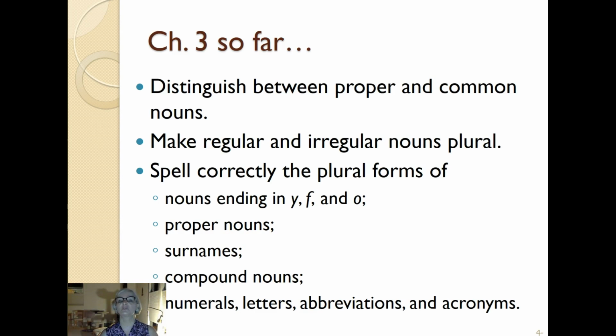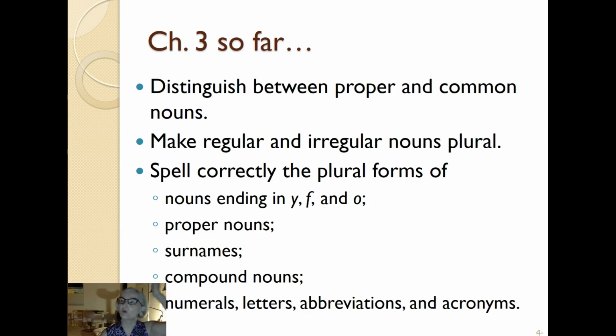Well, let's first review what you already watched, heard about. So it's the difference between proper and common nouns, and we reviewed how to make regular and irregular nouns plural.